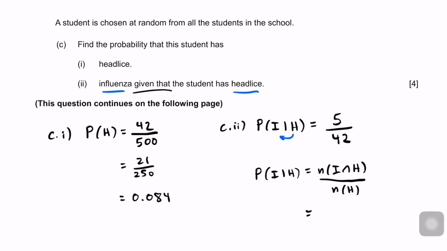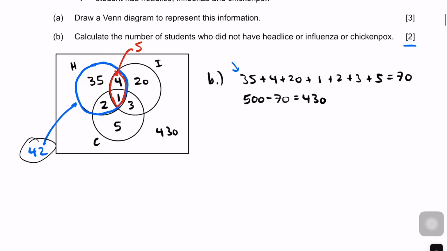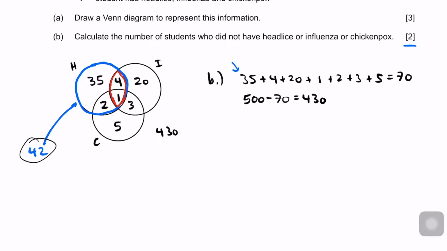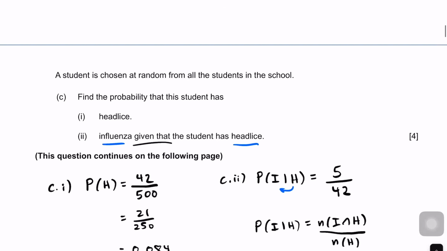So the intersection between influenza and head lice, just to show it once again, would be these individuals with influenza and head lice. So I and H, the overlap, would be this 5.